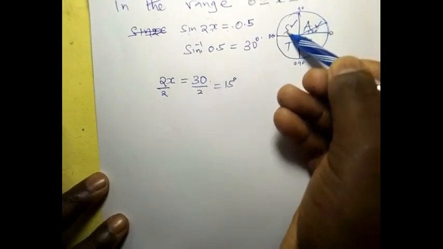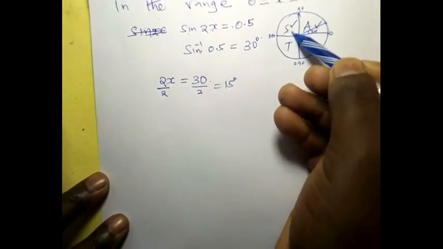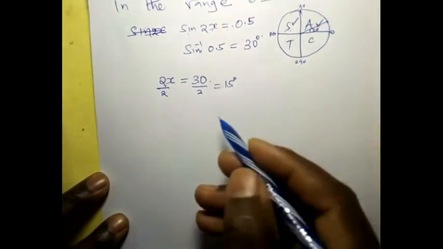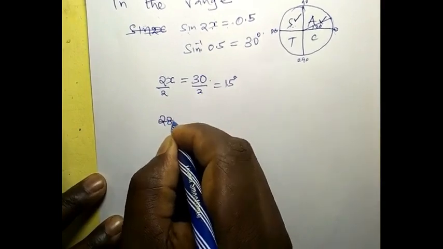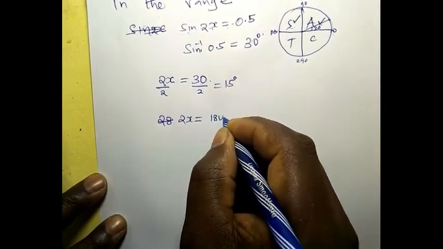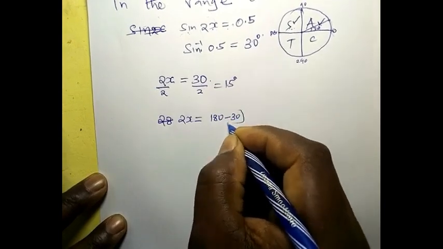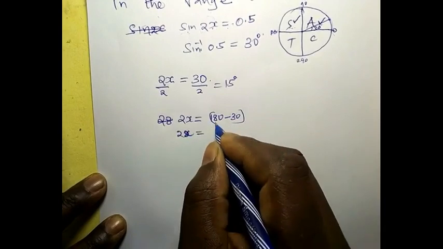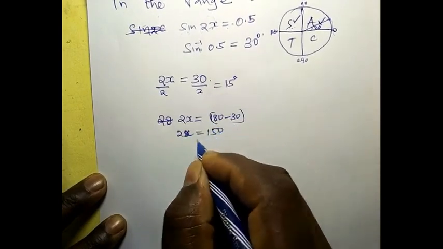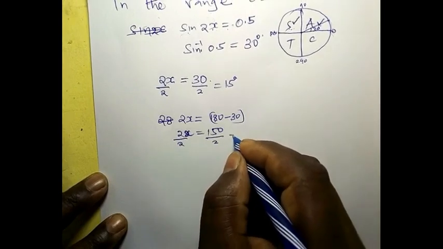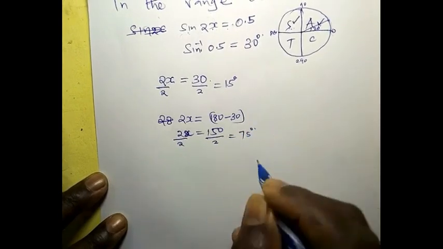You remember how do we find the angle at the second quadrant? Yes, it is 180 minus the acute angle. So we have 2x is equal to 180 minus 30. 2x equal to 150. We divide by 2, and the angle here is 75 degrees.